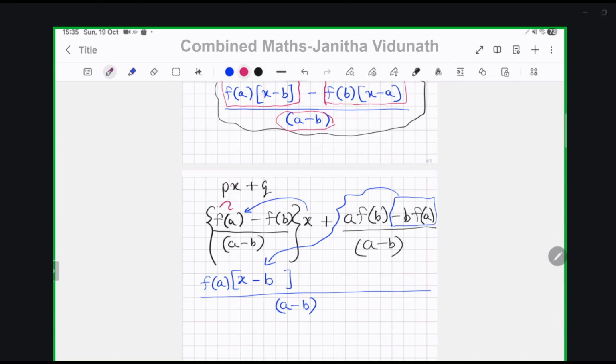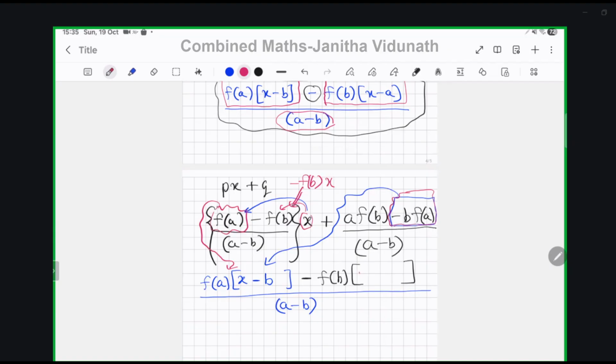From those two terms we get x, and from this term we get minus b. Now the sign in the middle needs to be minus. Now we put a minus sign and take the FB value, because FB is a member of the second group. From here, if we multiply with x, we will get minus FB times x.